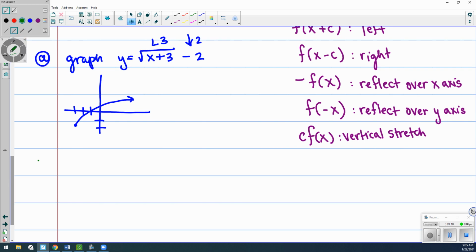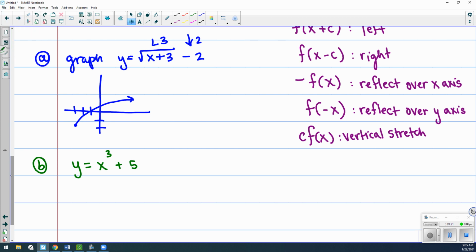And then the last example I want to do together, let's take a look at graphing y equals x cubed plus 5. Okay, so what do I know? I know that this just means that I'd be shifting this up 5. Nothing is happening left or right, and there's no reflection or stretch or anything.